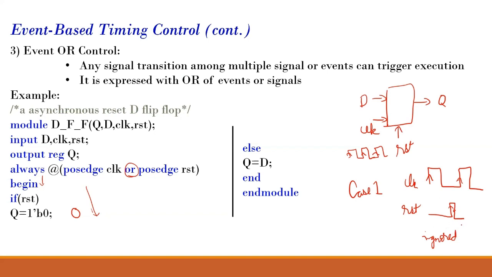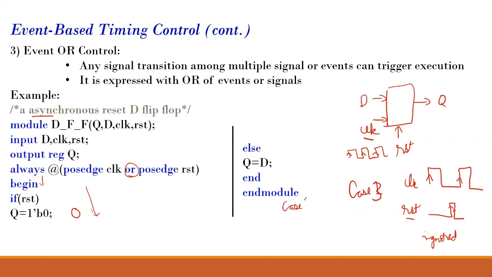But if we don't want such a thing to occur, then we want it to consider both the edge of the clock as well as the reset. Then we have to give this line of code. So that's why it is known as an asynchronous reset D flip-flop. It is not synchronized with this clock. It happens when this event is happening. This is for case 3.